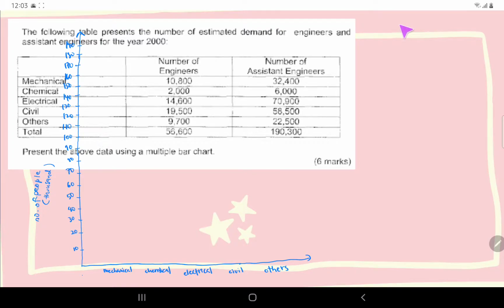Here we choose another color. For example, I choose red for the number of engineers. So it is here, 10,800. So here, more or less.